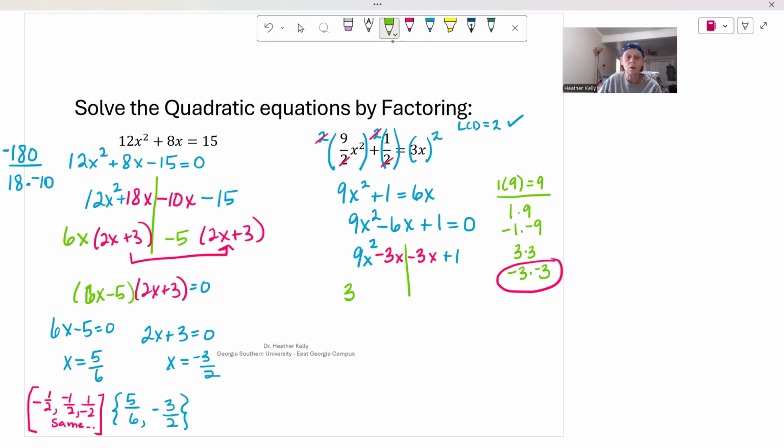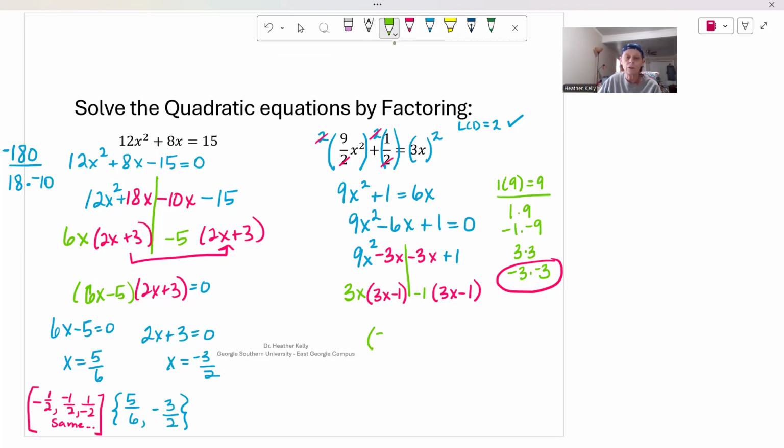So here our greatest common factor is 3x, and our twin is going to be 3x minus 1. Get to write that guy down again, 3x minus 1. And now what do we need to multiply 3x minus 1 by to get negative 3x plus 1? It's like negative 1.